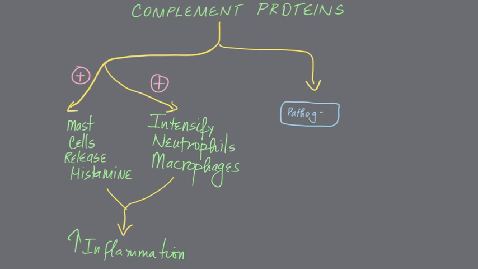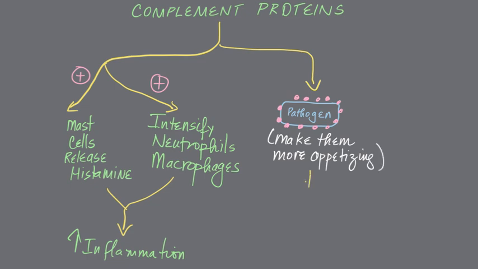The complement proteins shown in pink coat the pathogen as if you were to season your food so that they would be more appetizing to the phagocytes. This actually has a name. We call this process opsonization, which means make the pathogen into food. And this really helps because the phagocytosis is intensified.